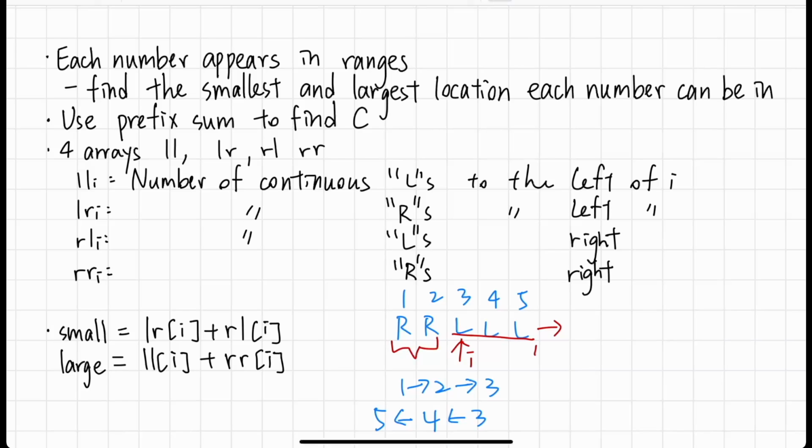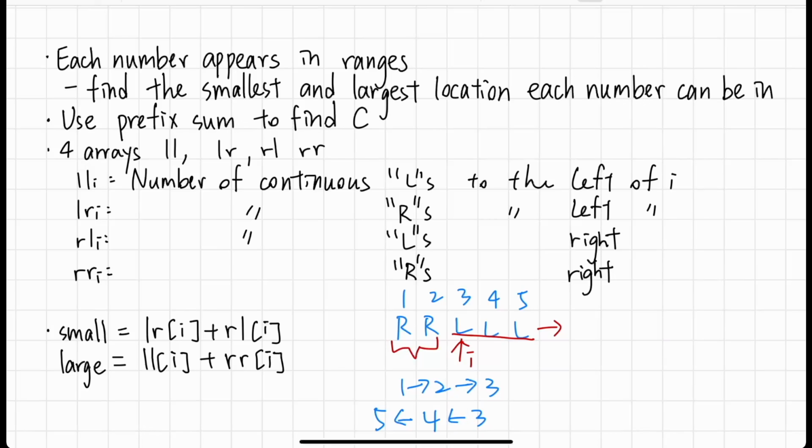And this is because this means that the number 2 is to the right of 1, and the number 3 is to the right of 2. And the L means that the number 4 is to the left of 3, and the number 5 is again to the left of 4. And so this means that all these numbers need to be to the left of 3.